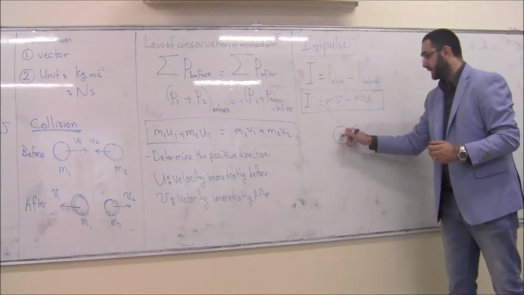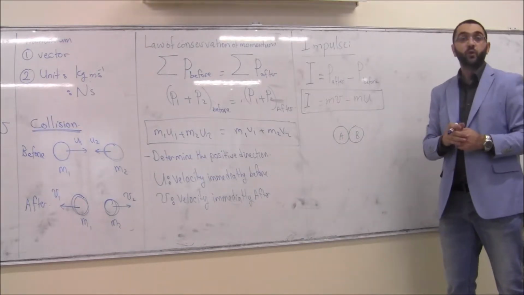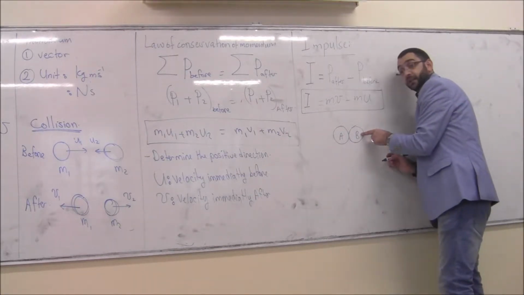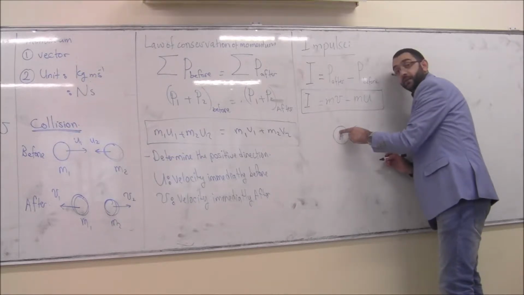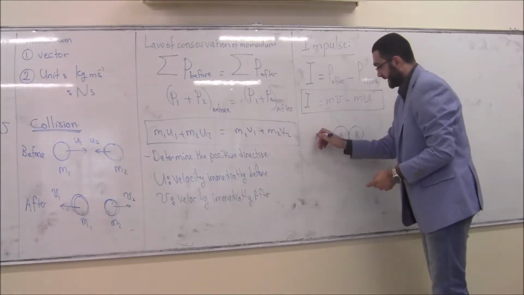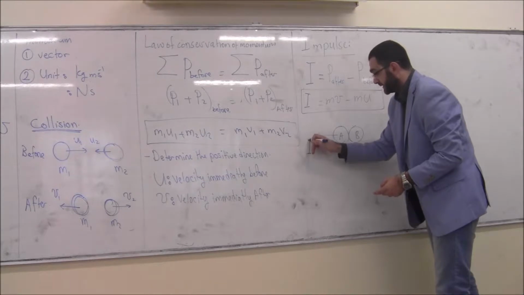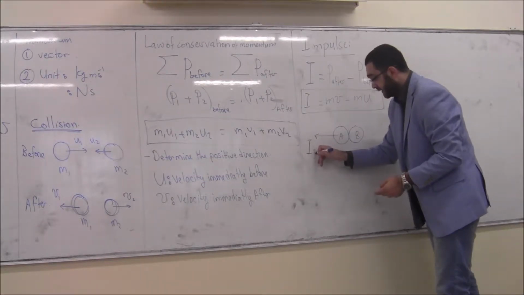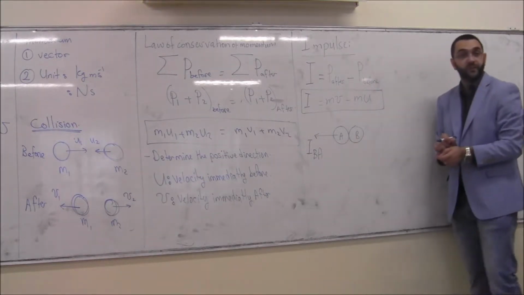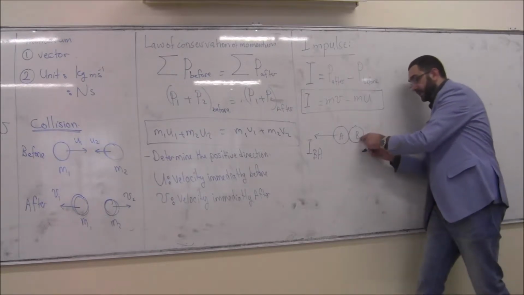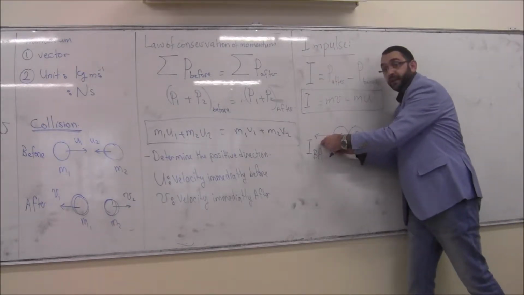Let's say this is A and this is B. B pushes A this way. This is called impulse of B on A.